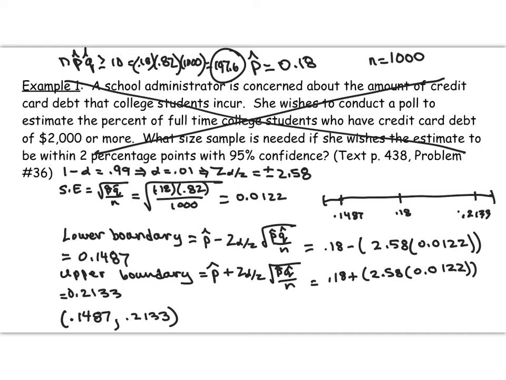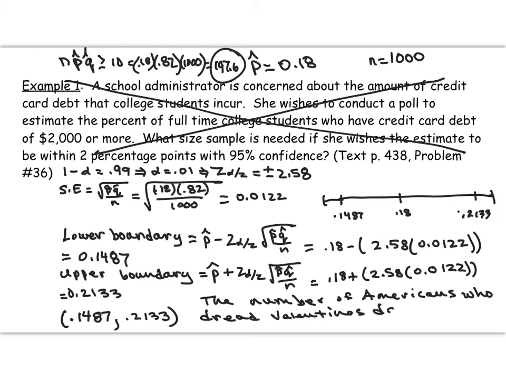If I asked you to construct the confidence interval, you could say that the number of Americans who dread Valentine's Day is 18% plus or minus 1.49%. Actually, 1.22.